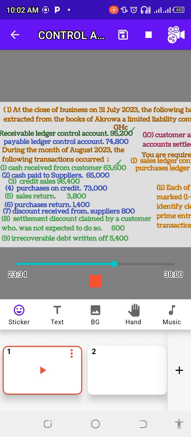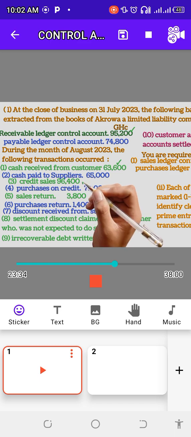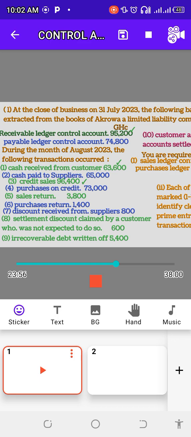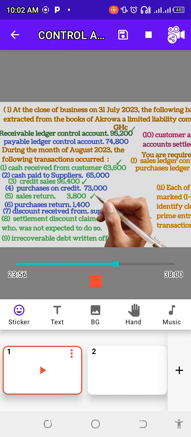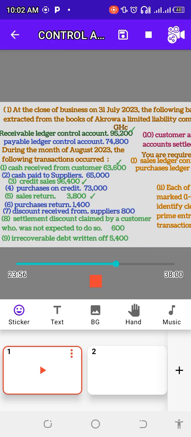Number 3, credit sales, is sales ledger control account. Number 5, sales return, the one that I'm going to mark now, is sales ledger control account. Number 8, settlement discount claimed by a customer who is not supposed to do so, is sales ledger control account. Then number 9, irrecoverable debt written off, is also a sales ledger control account item.